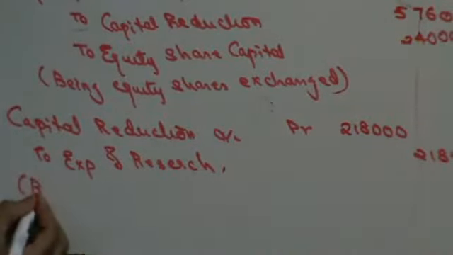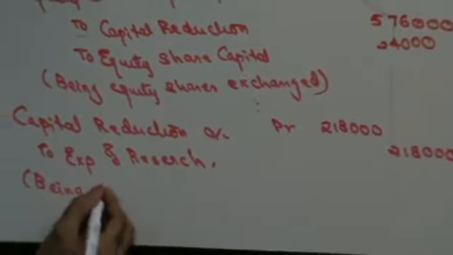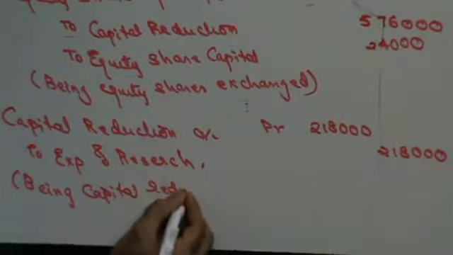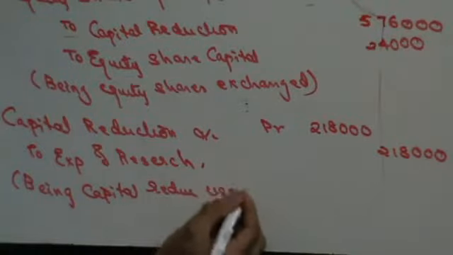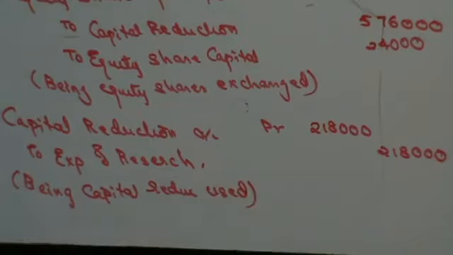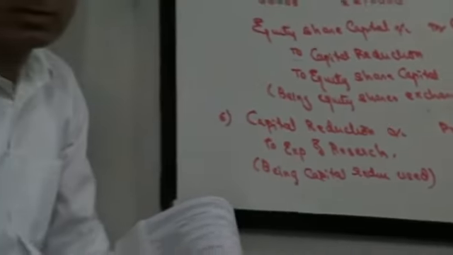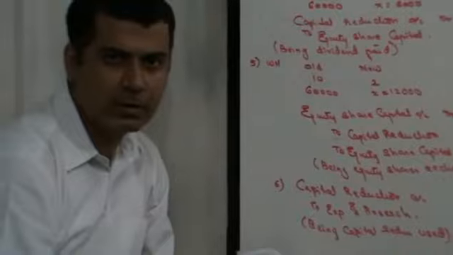Being capital reduction account written off. So you have to only make journal and capital reduction account. There is no balance sheet here. This finishes this sum. We'll stop this here for the day. Thank you very much.